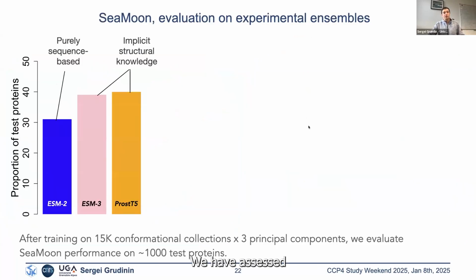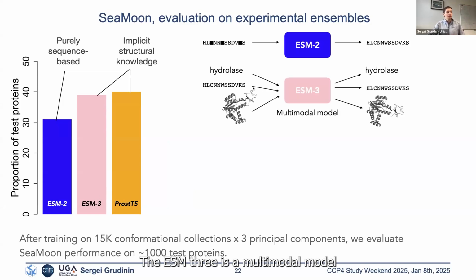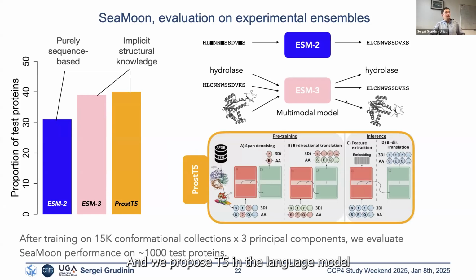We have assessed three types of language models. One is ESM2, which is only sequence-based, and two others use implicit structural knowledge. The ESM3 is a multimodal model, which solves multiple tasks during training, and the PROST5 is a language model that also uses structural tokens.